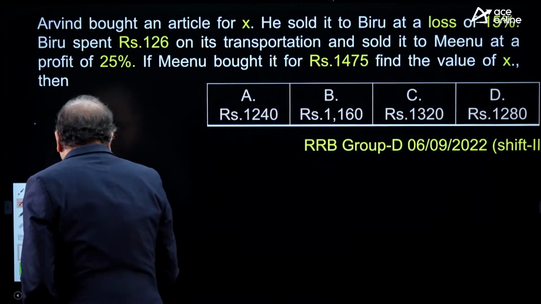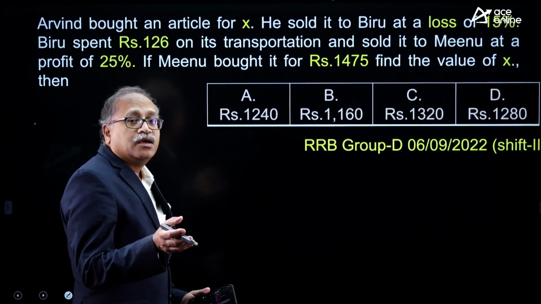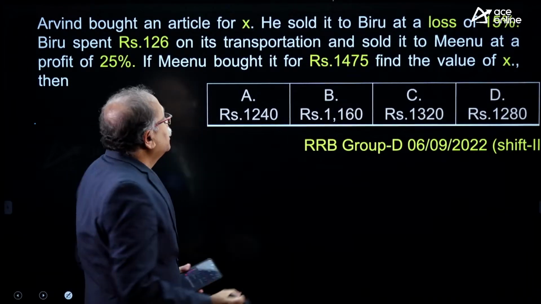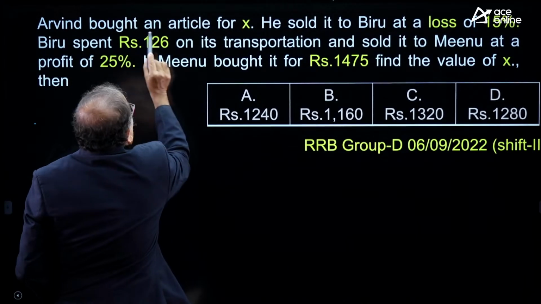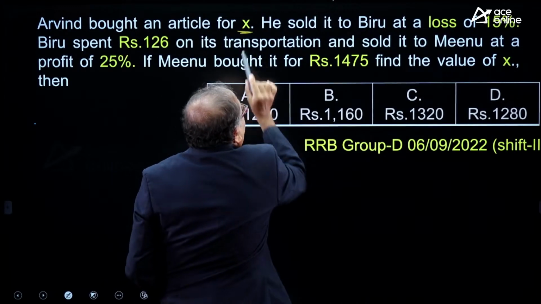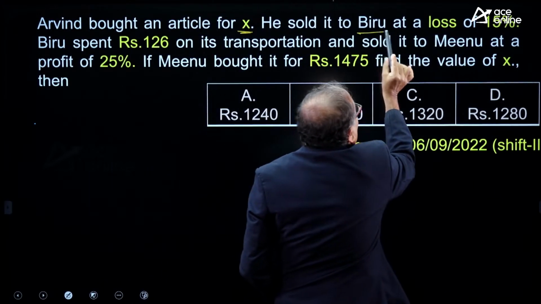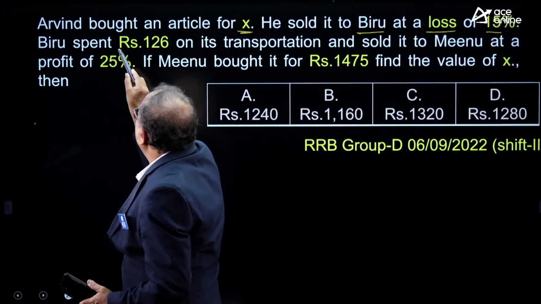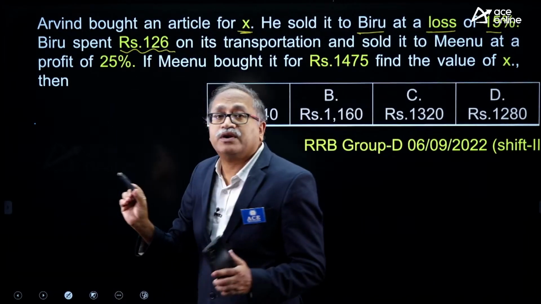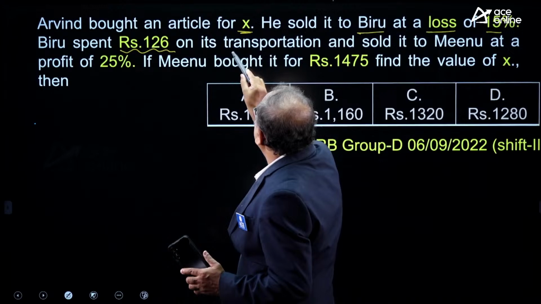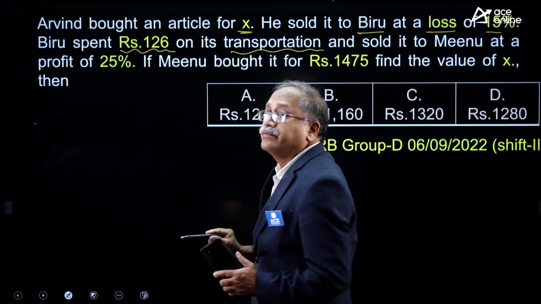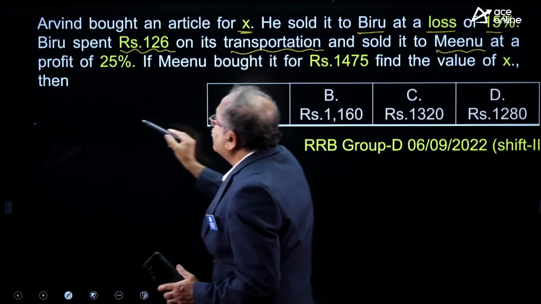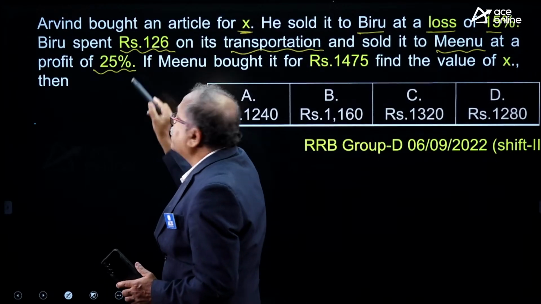All the models I selected and picked up from previous year questions to make you understand the level of questions. Now here what it says: Arvind bought an article for rupees X. He sold it to Biru at a loss of 15%. Biru spent rupees 126 on its transportation and sold it to Meenu at a profit of 25%.